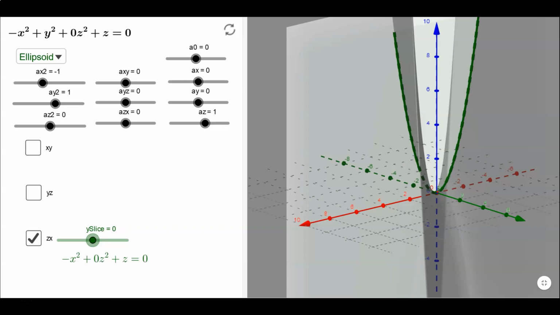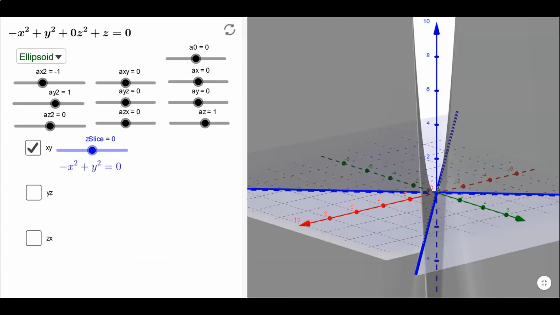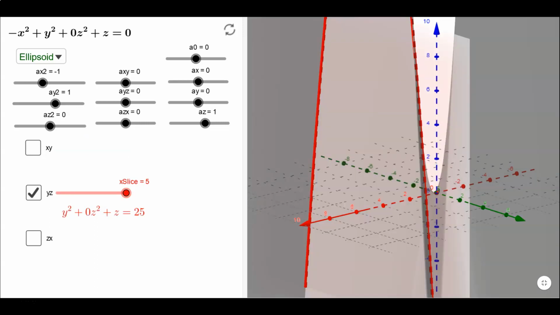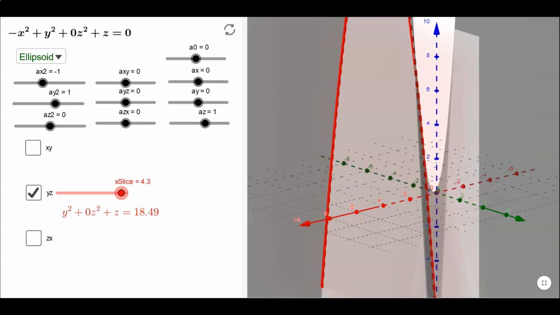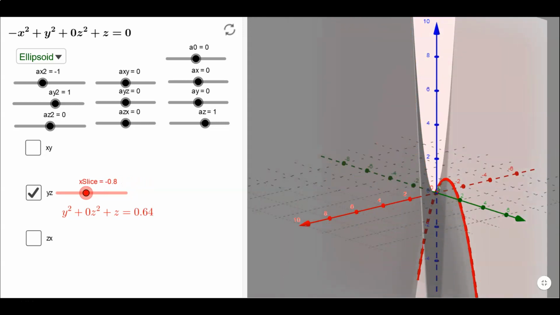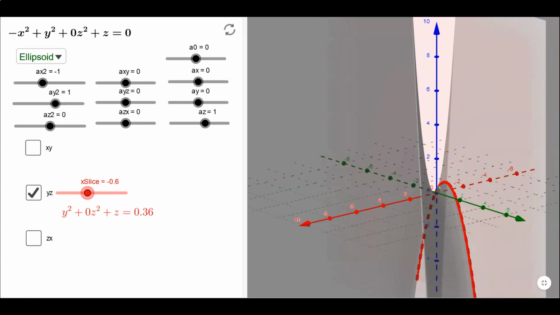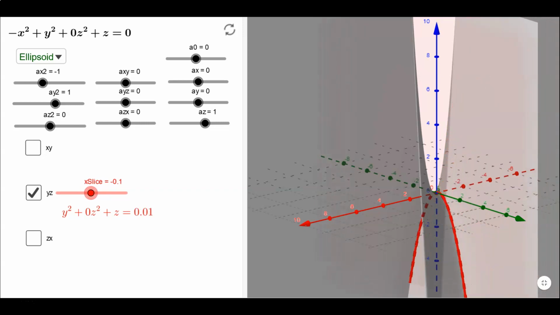But if I take the other parabolas, which are going along the x-axis, notice these are parabolas opening down, right? But there's one of them that is the lowest, and at the origin, if we take this slice, we would say that it has a maximum.